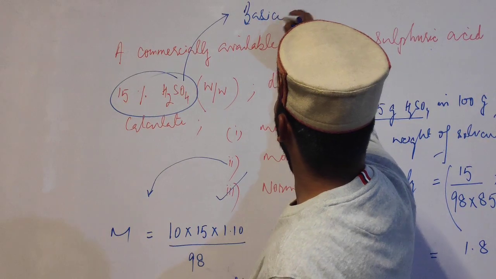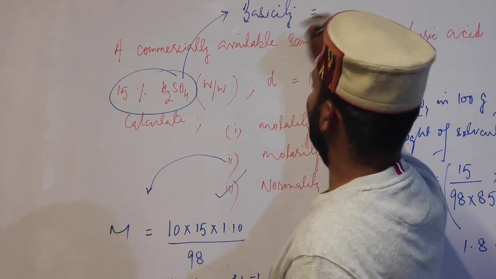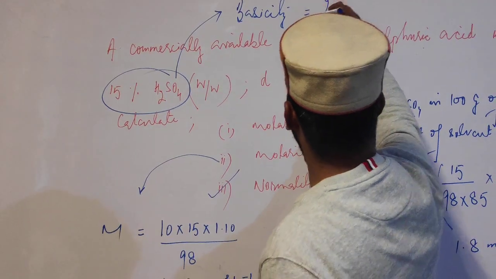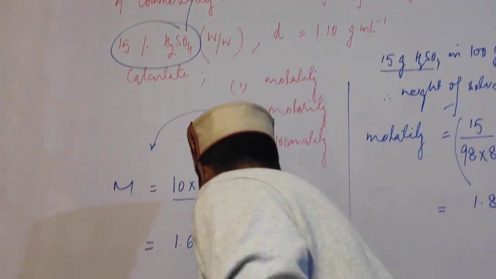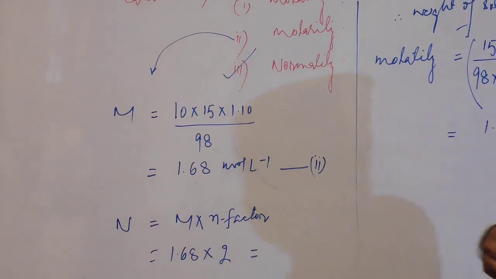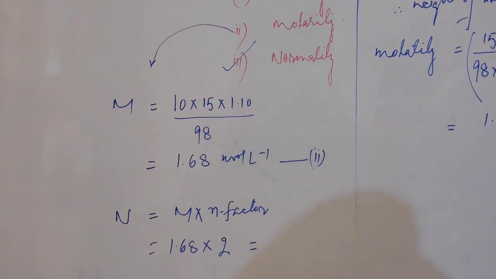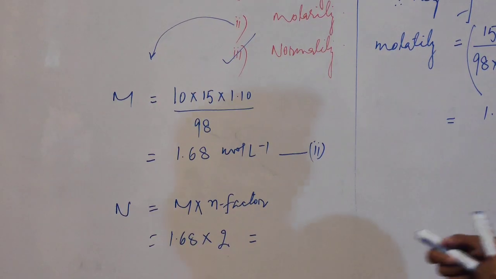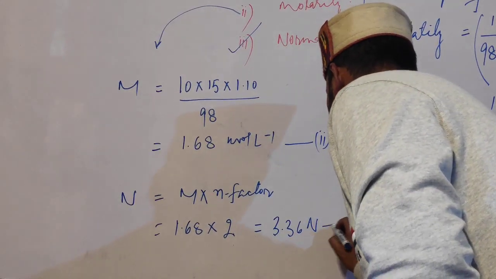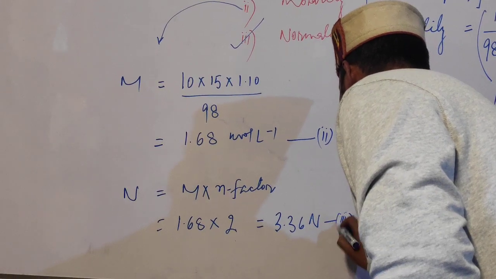And basicity of sulfuric acid means the number of ionizable hydrogens, that is 2. So it is 1.68 into 2. Now multiply this, we will get 3.36 normal. So this is how we find normality.